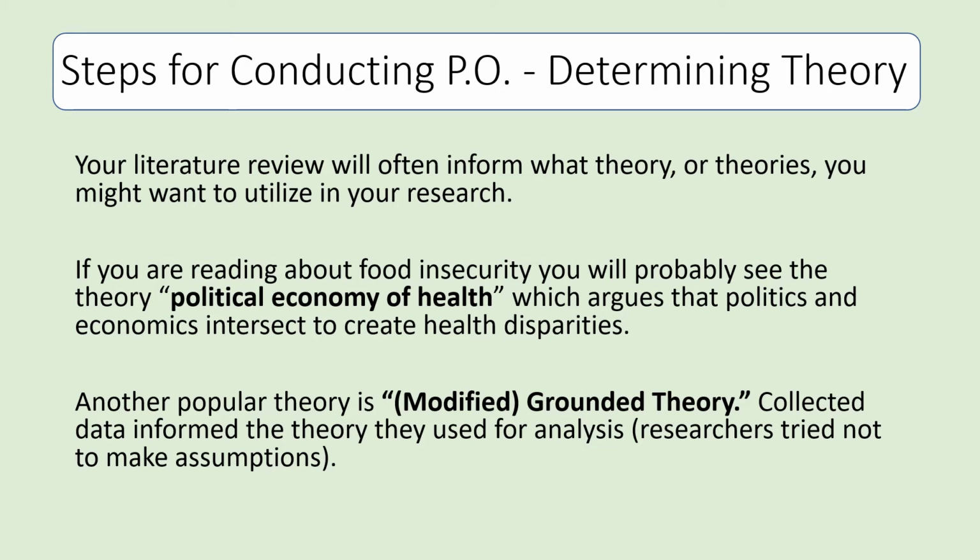But basically what it is trying to say is that you should not try to walk into a given site and say, okay, I'm going to look at political economy of health. What you can do is see, okay, is what I'm seeing in line with that theoretical perspective. So basically you collect data, and the data informs the theory, which can be used for analysis.